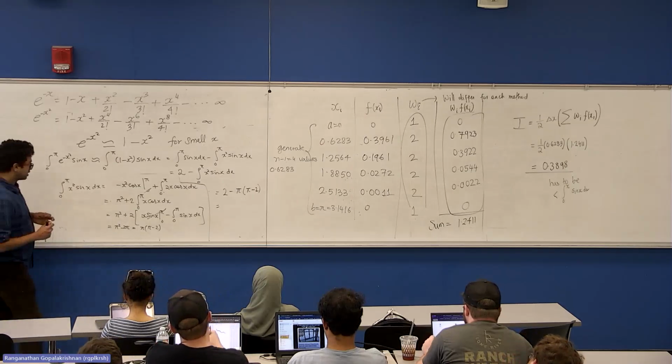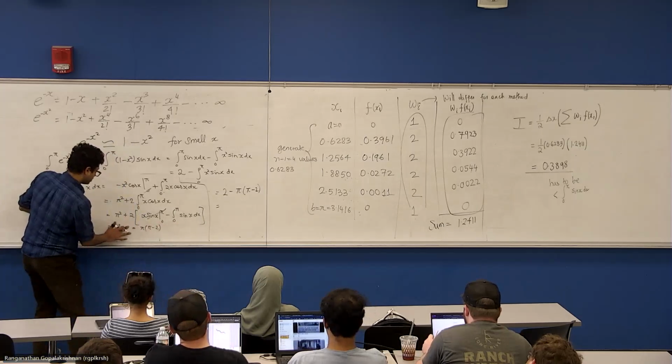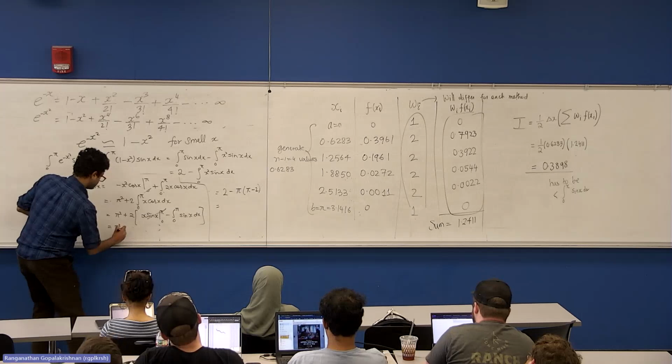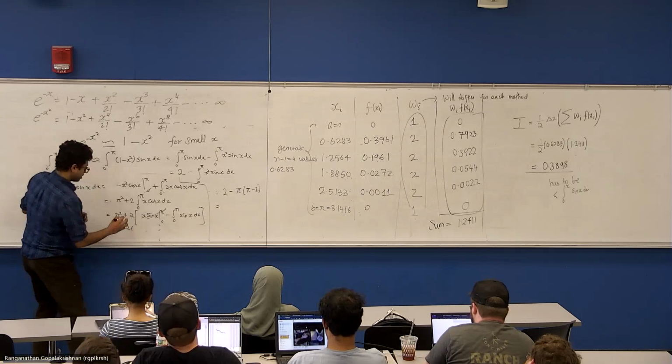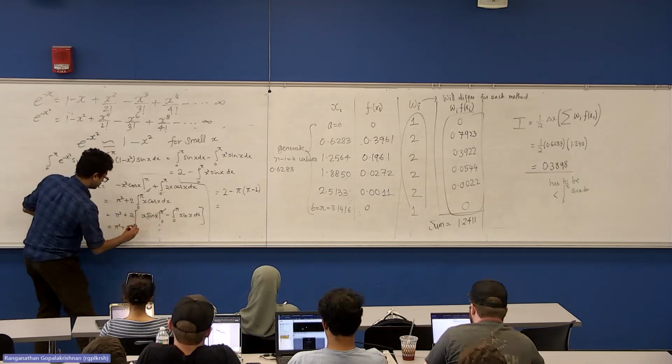Oh wait, I made a mistake here. What is integral 0 to pi sin x? What is this? This is 2. So minus 2.